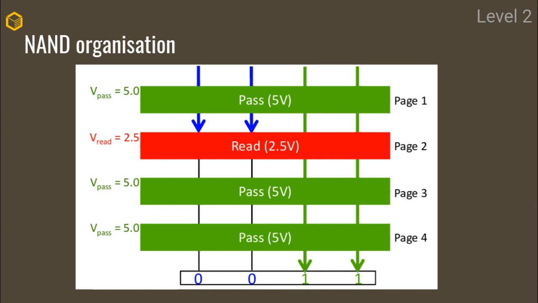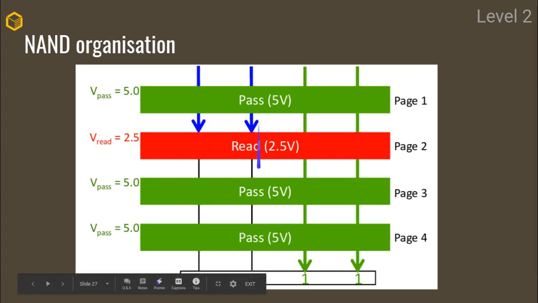So how would this work? Here I have a couple of pages. If I wanted to read this page, my read page, I would apply my reference voltage here, and then I would simply apply the pass-through voltage on all of the other pages, so that the flow of electrons can simply go through.